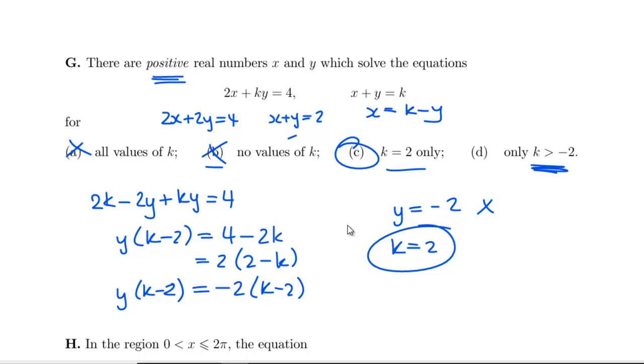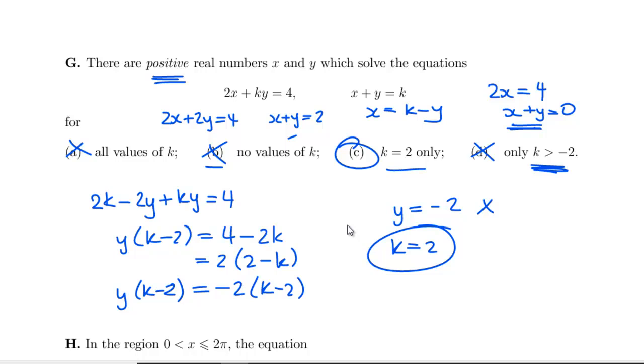If k was 0, then that isn't going to work either, is it? Because we'd have 2x equal to 4, and you still couldn't, because they've got to be positive. So you'd have to have x and y as 0, so that doesn't work either. So you could just pick through with numbers on that one.